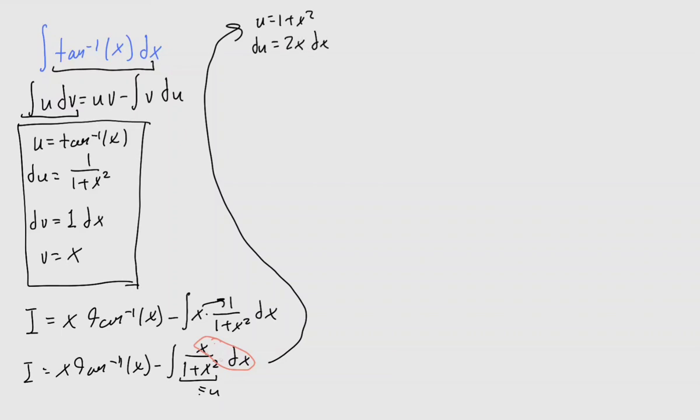Now there's no 2 here, so how do we get rid of that? We'll just divide by 2. We cancel these 2's, and then we're left with 1/2 du equals x dx. So now we're in business, because now this right here matches up to what we have right here.